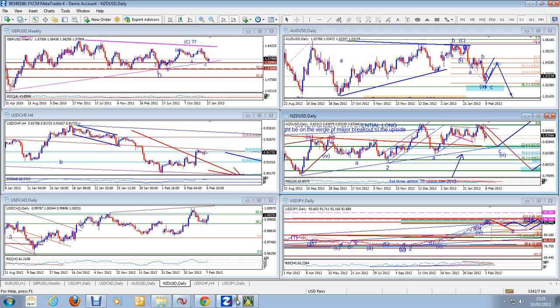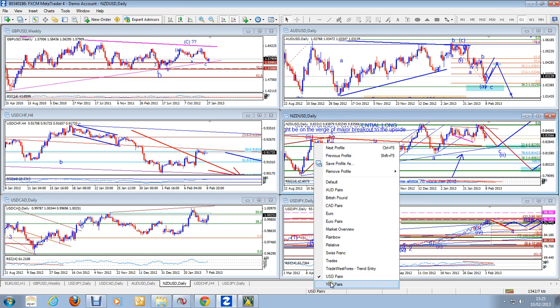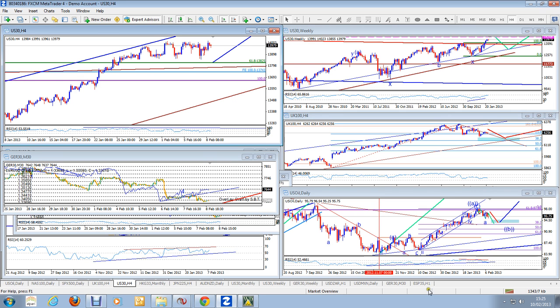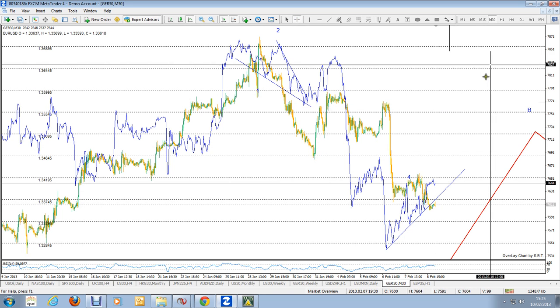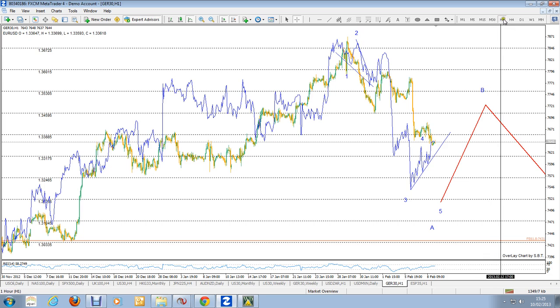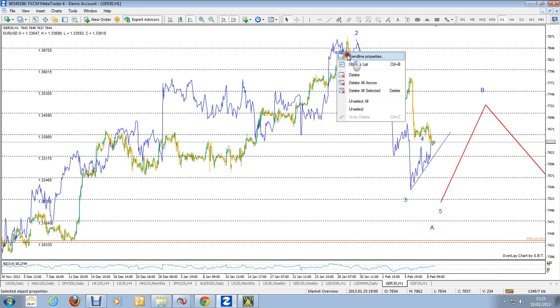If we take a quick look at the correlation chart, the one that I'm looking at is this chart here. The blue line is the German DAX, and the green and yellow is the euro, on an hourly chart. So the German DAX here, I think, has done a wave 1, which is a leading diagonal.